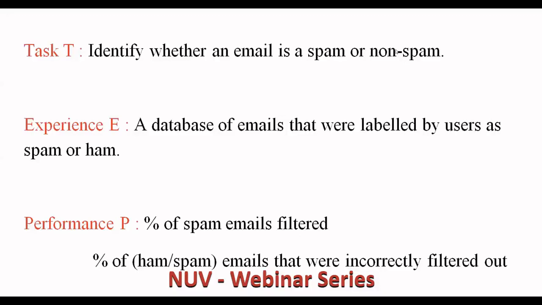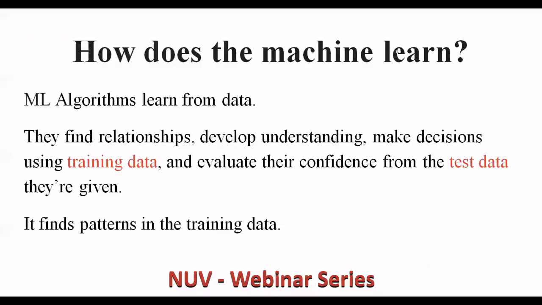So now you have a question: how does the machine learn? Machine learning algorithms learn from the data, they find the relationships, they develop an understanding of the data, and they make decisions using the training data we are giving. Let's take the previous example.